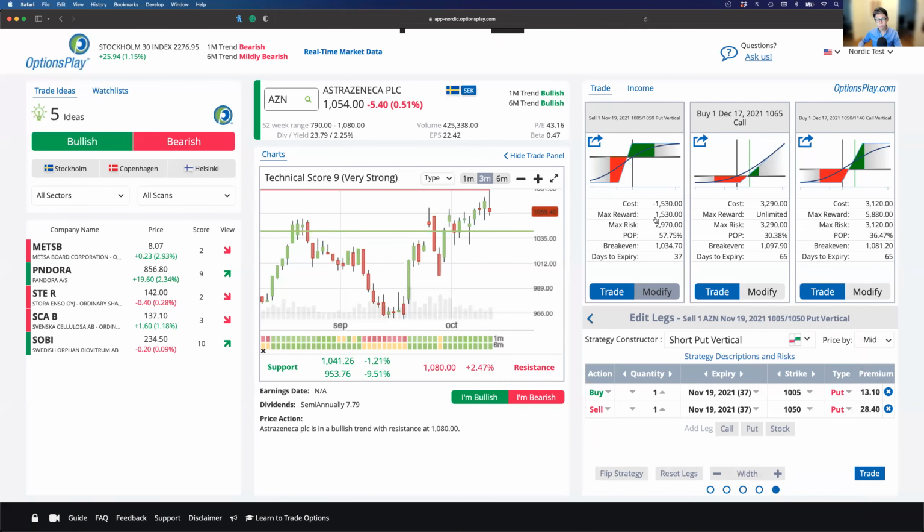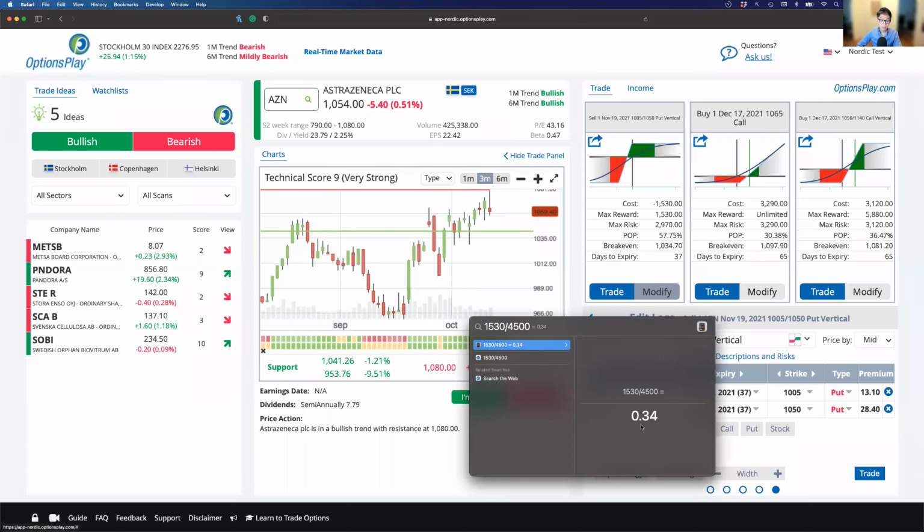And as you can see here, what I'm collecting is 1,530 crowns on a credit spread that's 45 crowns wide, because the distance between 1050 and 1005, the distance between those two strike prices, is 45 crowns. So let's do a little bit of math. I'm collecting 1530 divided by 45 crowns.